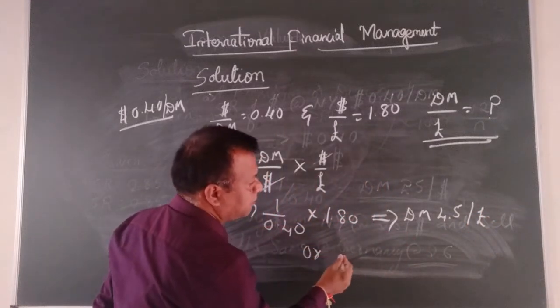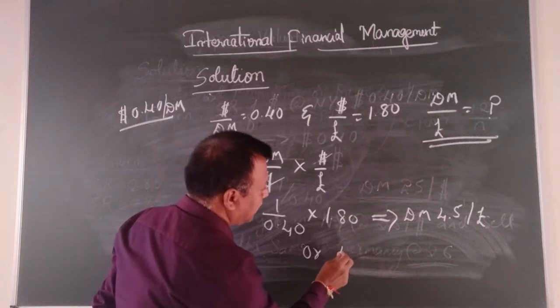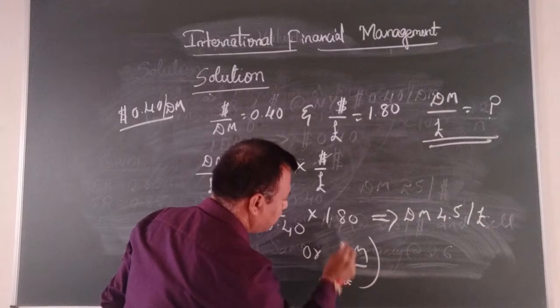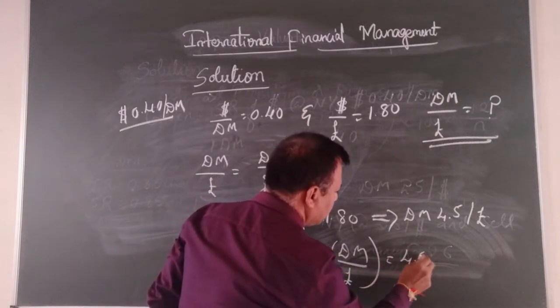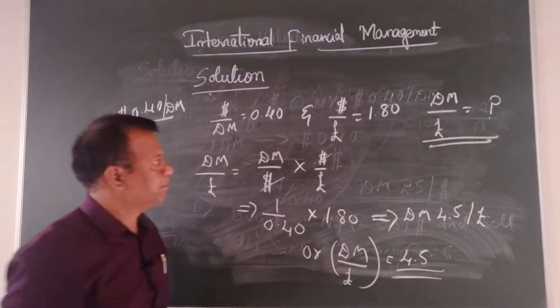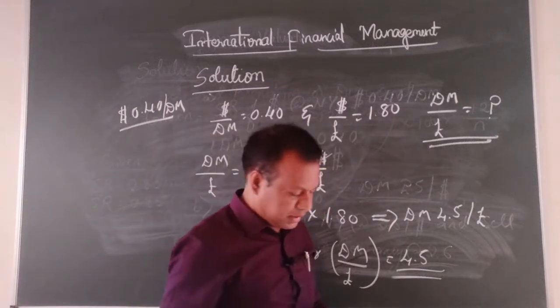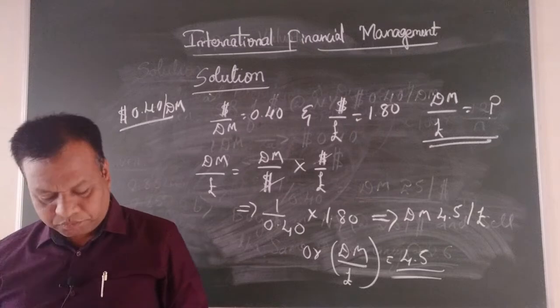We can write it as DM by pound is equal to 4.5.